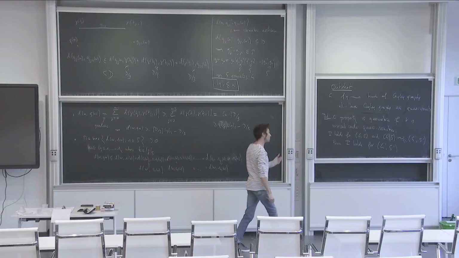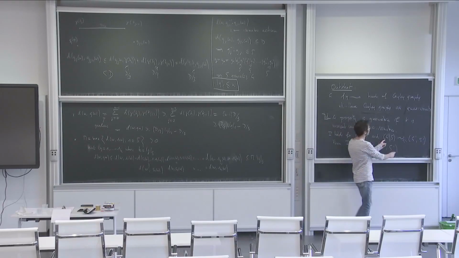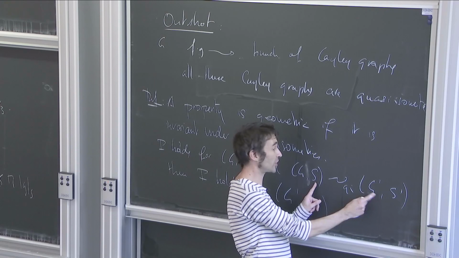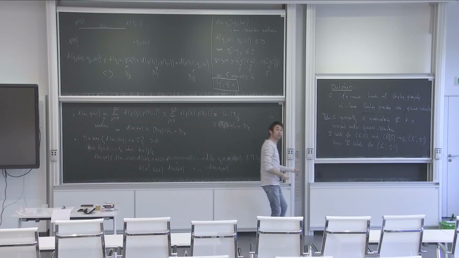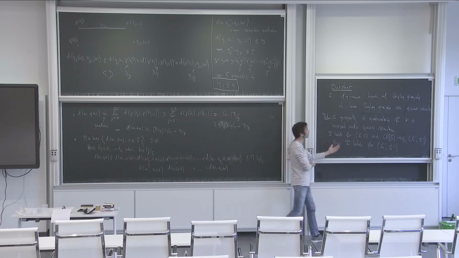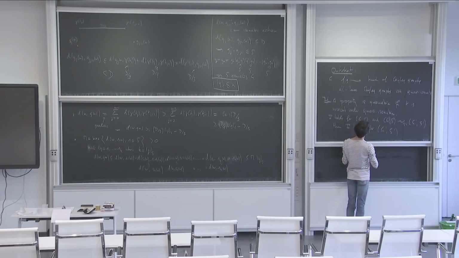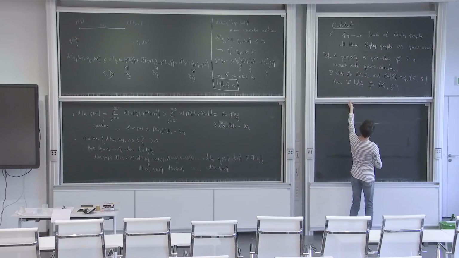Okay? So in particular, I can let G prime equal G and change S to S prime. And then we would obtain a property of the group, because it does not depend on the Cayley graph we've chosen, on the finite generating set we've chosen.